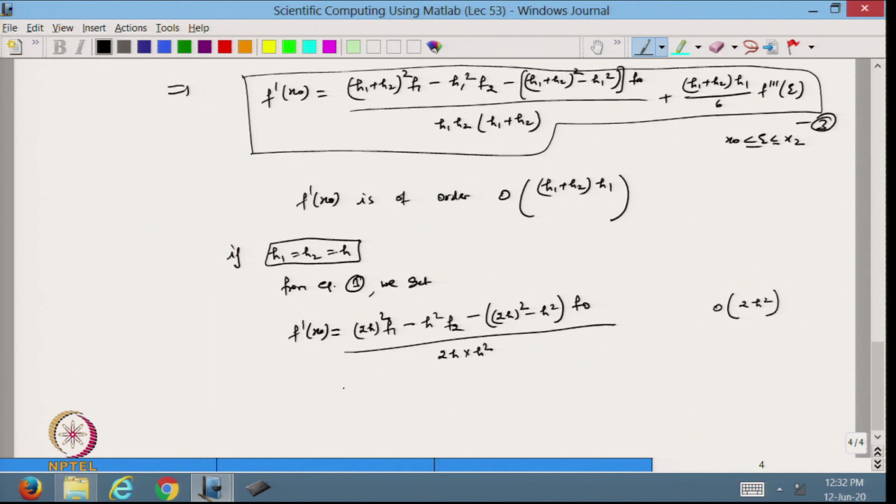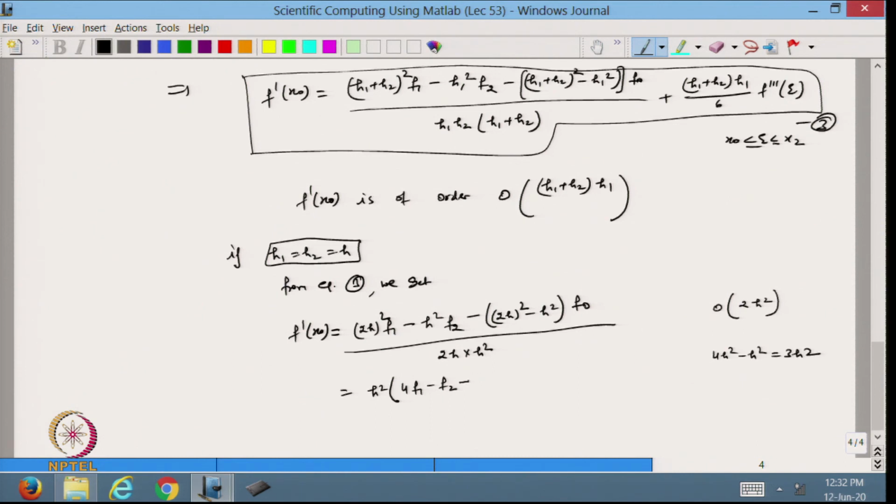Now, I can take my terms common from here. So I write my h square common. So I can write from here, this will be 4 f1 minus f2, and this will be 4 h square minus h square. So that will be 3 h square.